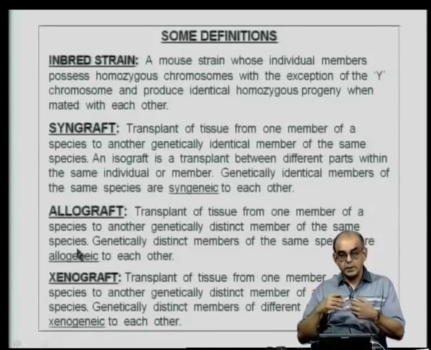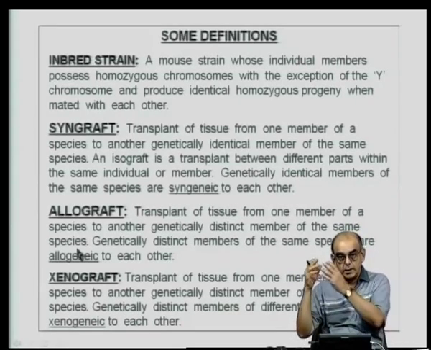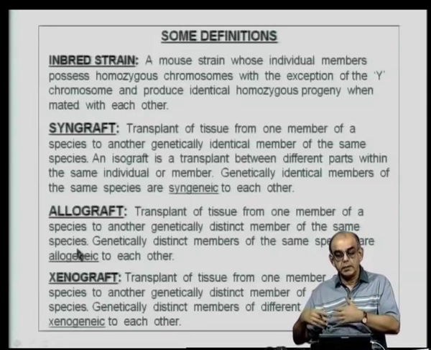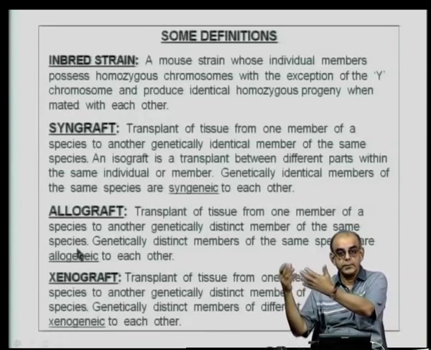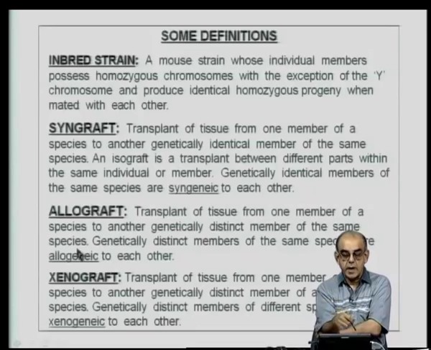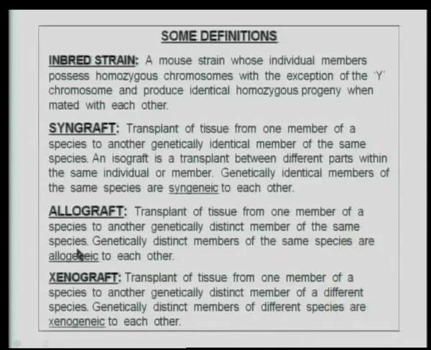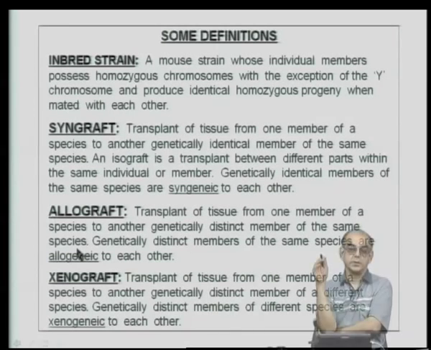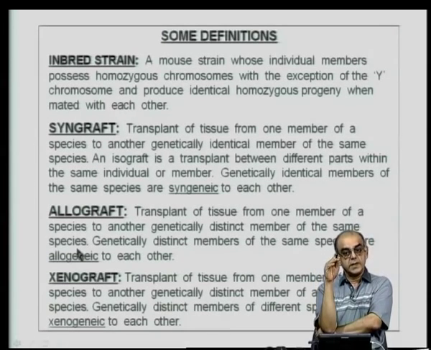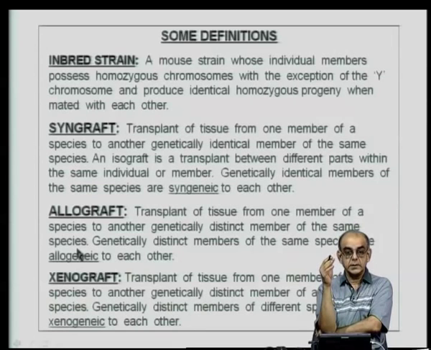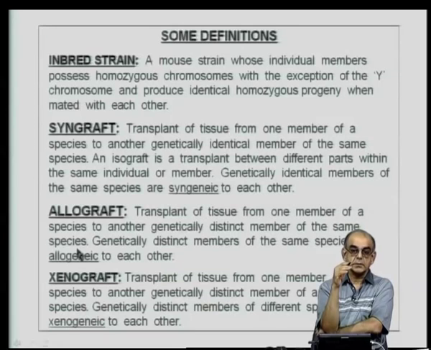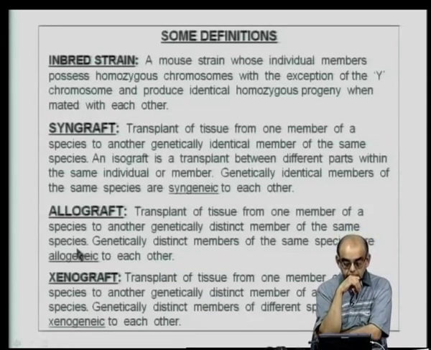For example, if one takes a heart or a piece of kidney from my body and puts it onto another person, then you have an allograft. So, these allografts usually express our self signature molecules. In fact, the class 1 MHC antigen is ubiquitously expressed on all cells of the body, except some cells like those of the reproductive organs and the brain.